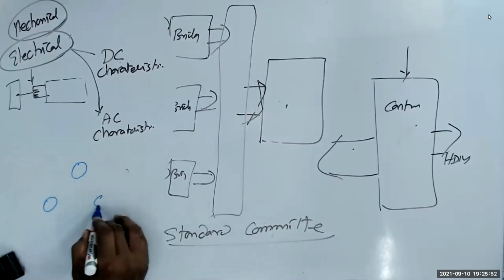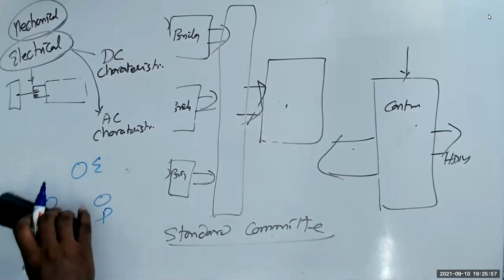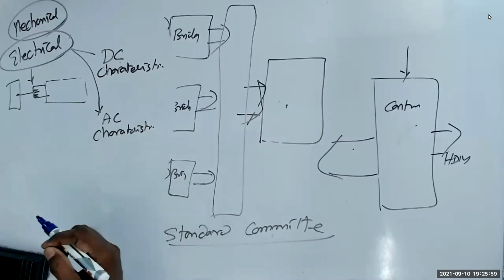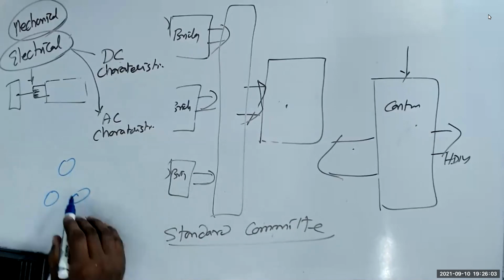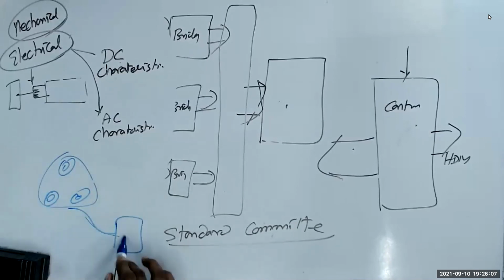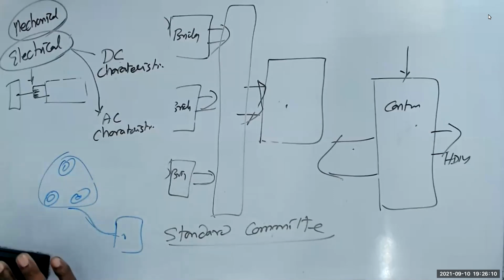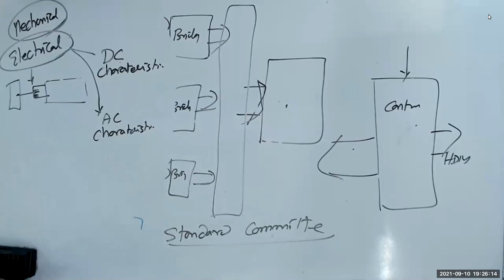One is phase, one is neutral, one is earth. You have done it, you're connected, everything is fine. Now you connect the device which has a plug point here, and that's working, because they are all just very passive devices. But what you have is an active device. Then comes protocol.